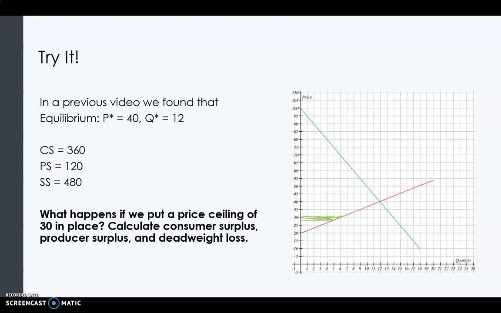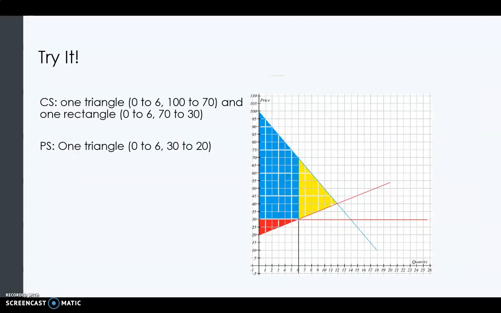Did you try it? Good. So let's do that. Consumer surplus, let's break this down. I filled it in blue, right? So consumer surplus is one triangle that I'm outlining here in green, and then one rectangle that's down here that I'm cross-hatching.